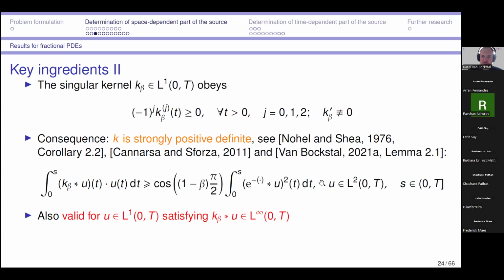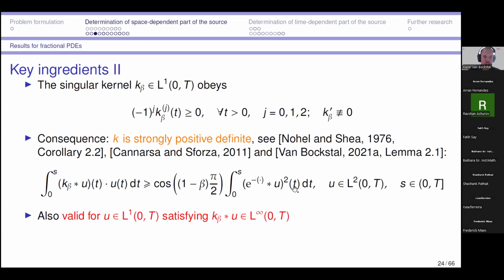And basically, this result was shown for functions in L2. We applied this result, instead of u, for the time derivative of u. But as I mentioned, the time derivative of u generally does not belong to L2.